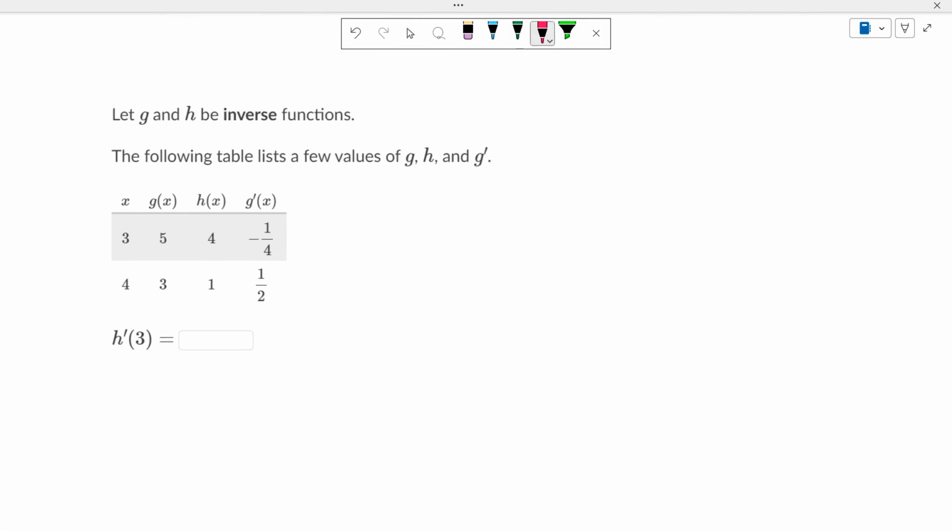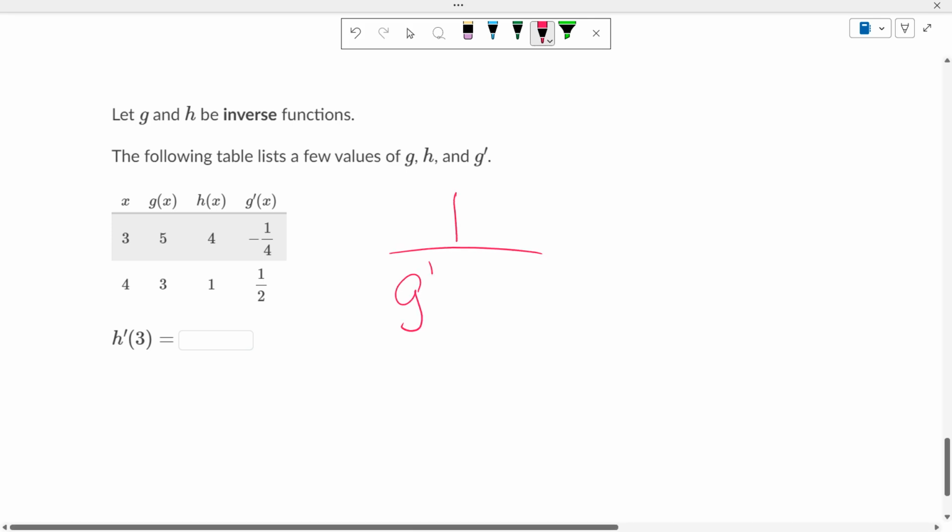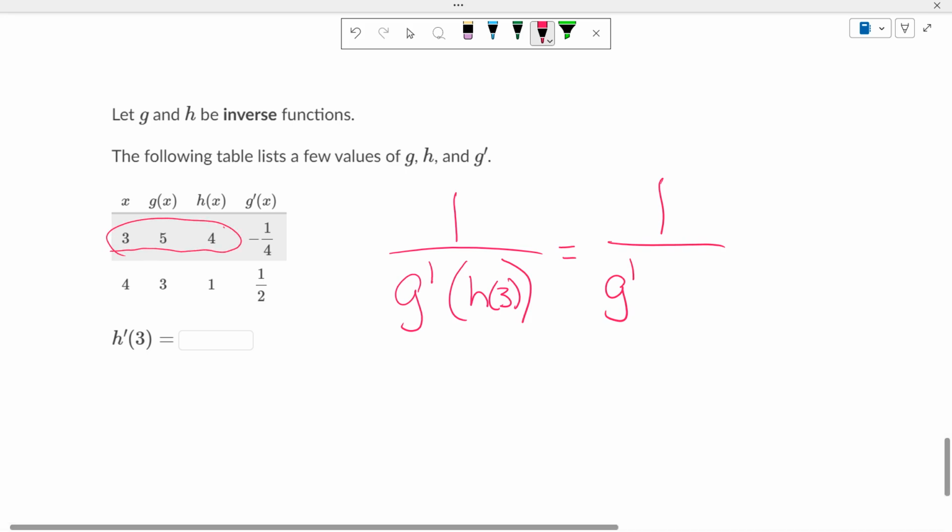When it's h and g, we'd go 1 over g prime of h of 3. So h of 3 is this line, which is 4.